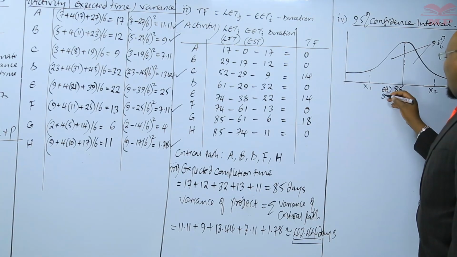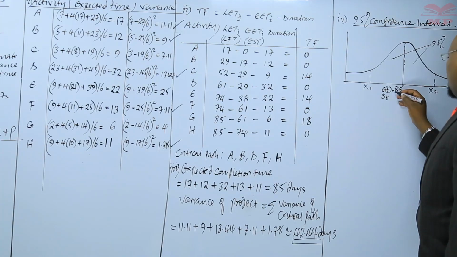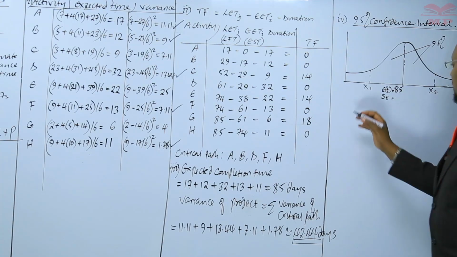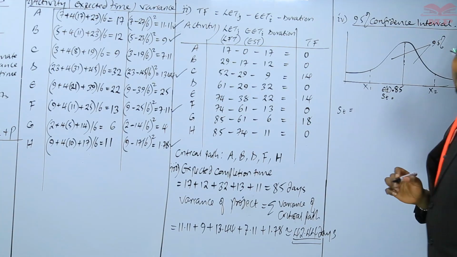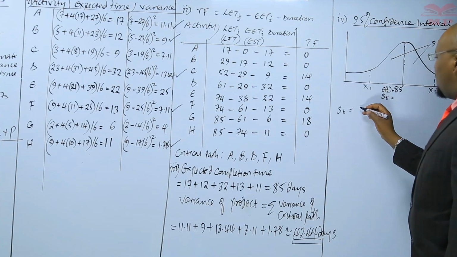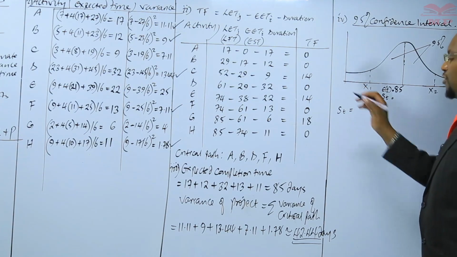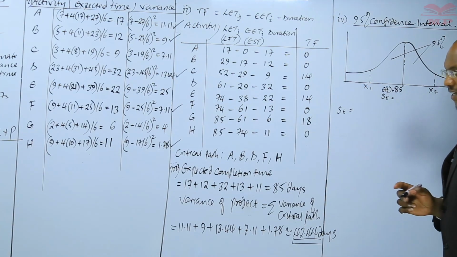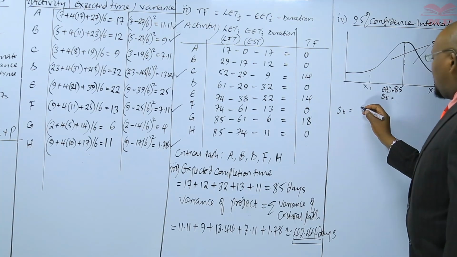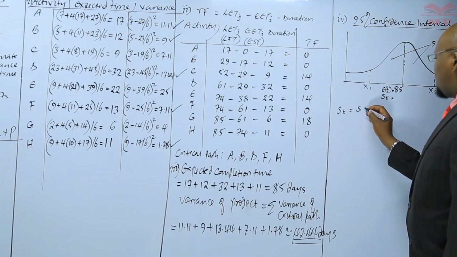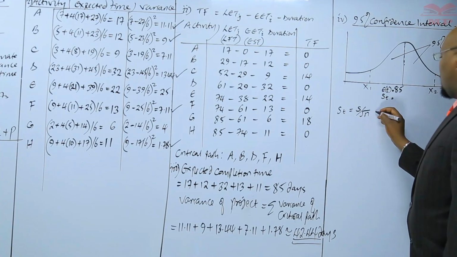Then the standard error of time shall be, the standard error here will be taking the standard deviation of the project variance. Let me just put it as an S, we divide by root n.